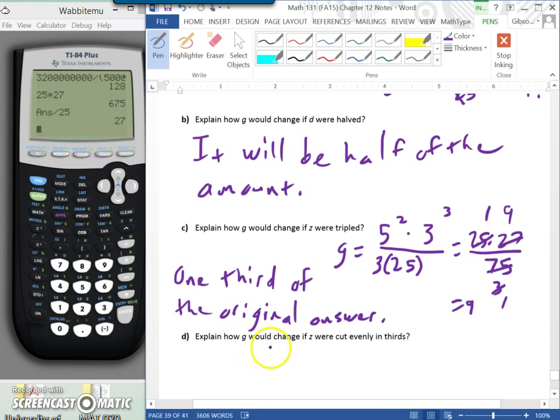Okay, it says, explain how G would change if Z were cut evenly in thirds. Since we know that multiplying Z by 3 cuts the answer to 1/3, what would it do to the answer here? Yes. The answer of G would triple.